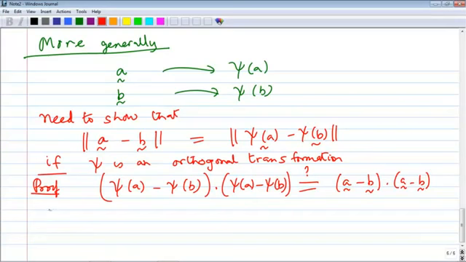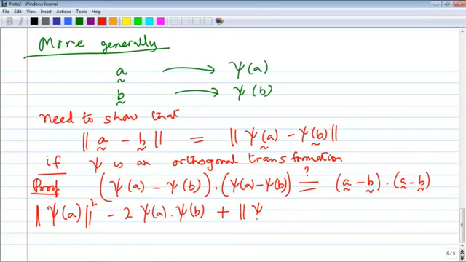If we expand this out, we are going to get this on the left hand side, and the question is, is this equal to what we get on the right hand side?